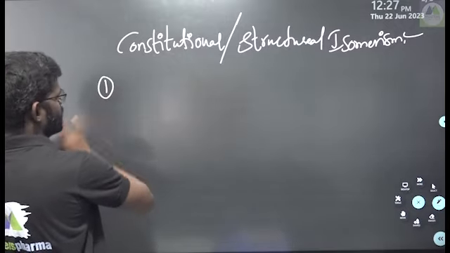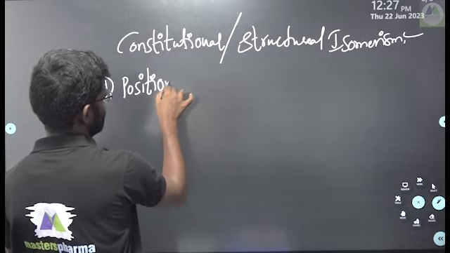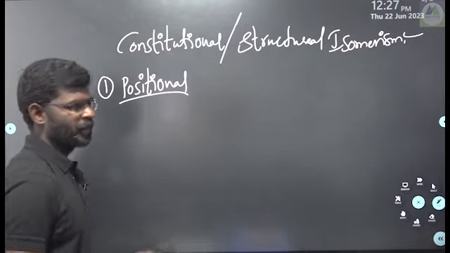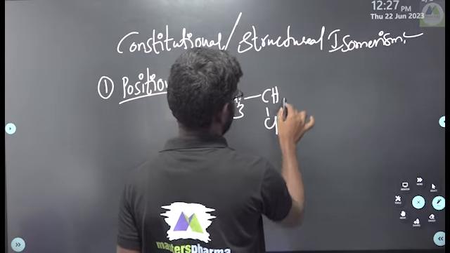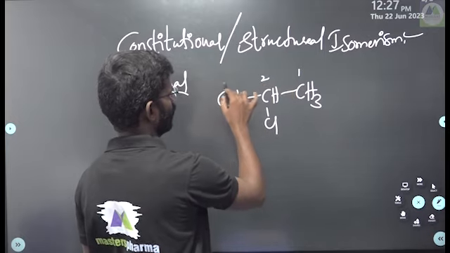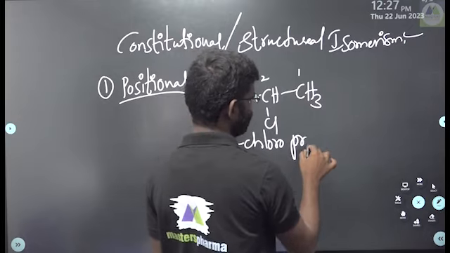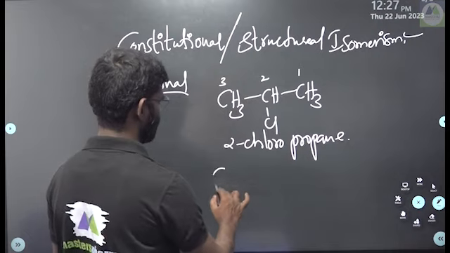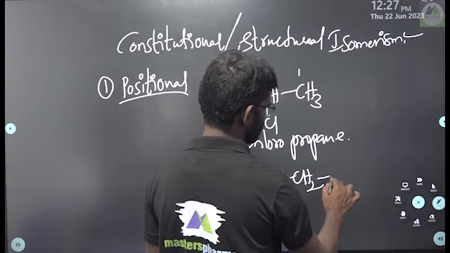The first one is positional isomerism. Positional means position. For example, take this compound. What is the name of this compound? Give the numbering 1, 2, 3: 2-chloropropane. Then this compound, CH3, CH2, CH2, Cl.